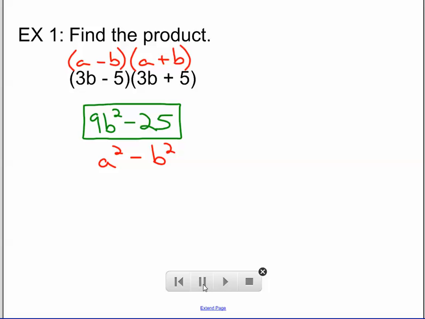In this case, a is 3b, and b is 5. So all I did in my head was 3b squared is 9b squared, and 5 squared is 25. It's always subtraction. The idea is to not show any of the work in red. That's all that goes on in your head.